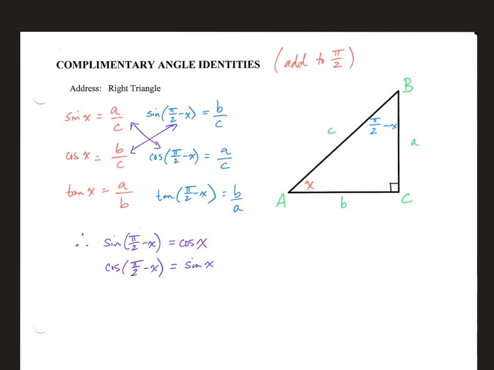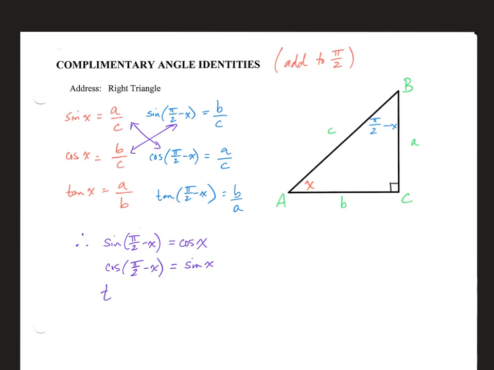Now, the last one might be a little uglier because we don't quite have the same expression. But if you notice, your tan expression in red versus your tan expression in blue happen to be the reciprocals of each other.